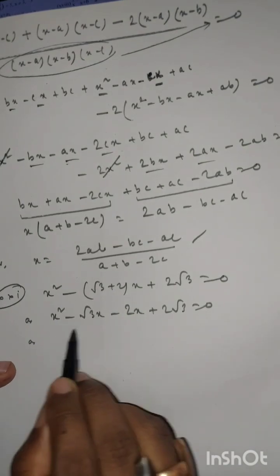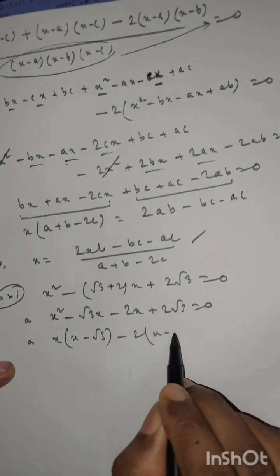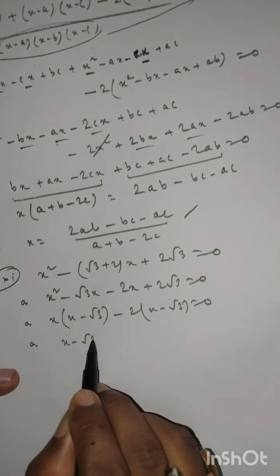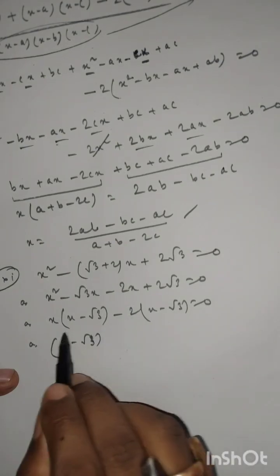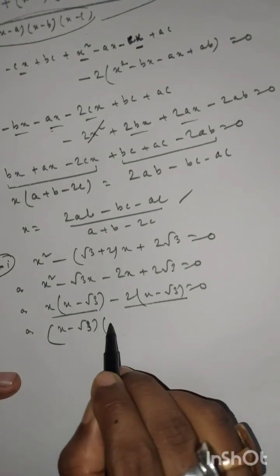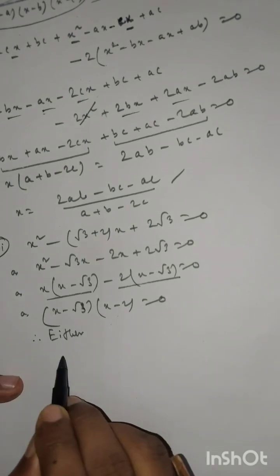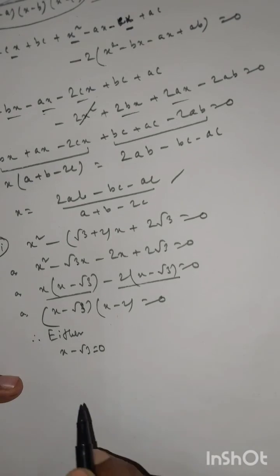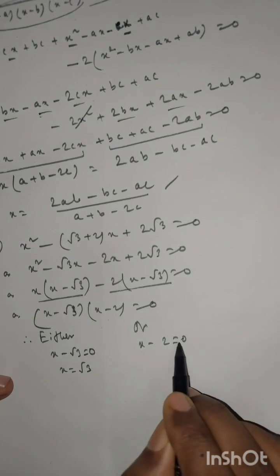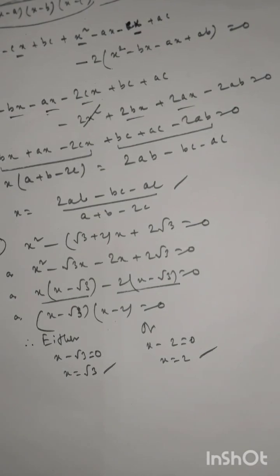If we take minus 2 common, or x minus root 3 common from both these quantities, we are left with x minus 2. So therefore either x minus root 3 equal to 0, so x equal to root 3, or x minus 2 equal to 0, so x equal to 2. These two are the correct answers of x.